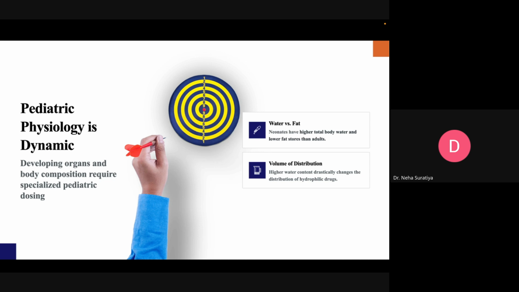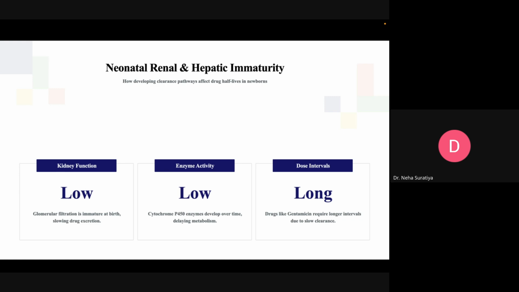I hope you understand why dosing of some antibiotics like gentamicin in neonates is very tricky. You need to understand volume of distribution, clearance changes, and all, to understand the whole calculation behind pediatric dosing. See this, neonatal renal and hepatic immaturity is also a parameter to consider while handling pediatric dose calculation.